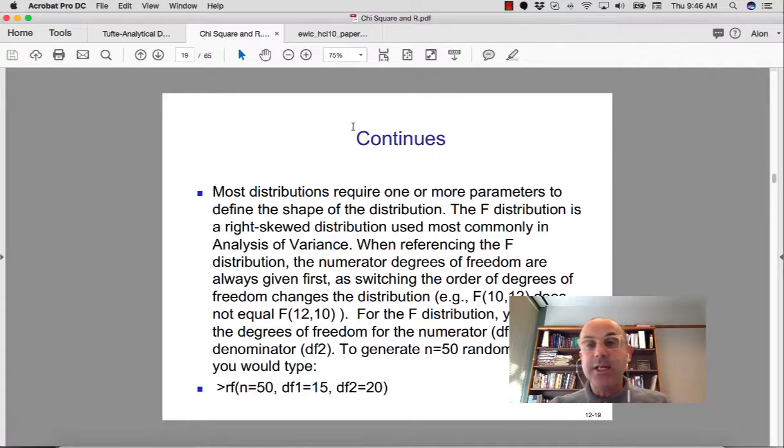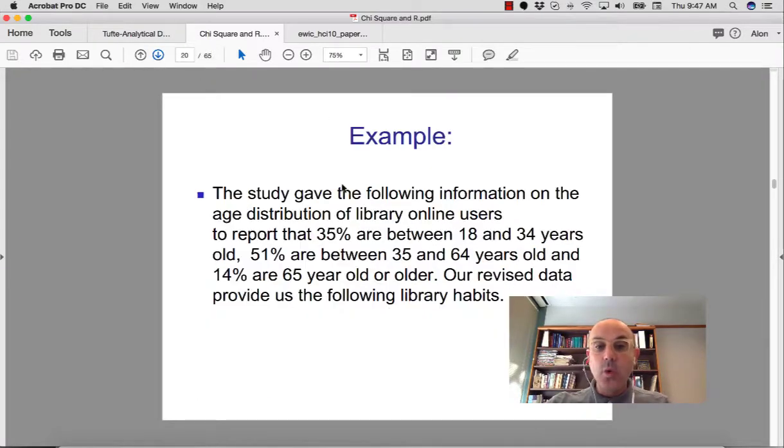So how do we apply that in R? rf, with n equal to 50, DF1 equal to 15, and DF2 equal to 20.